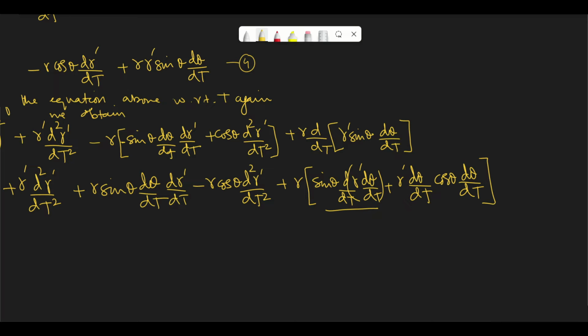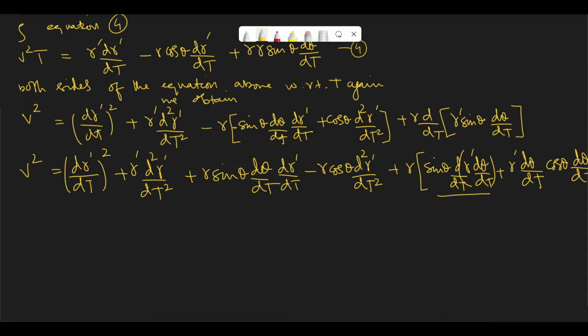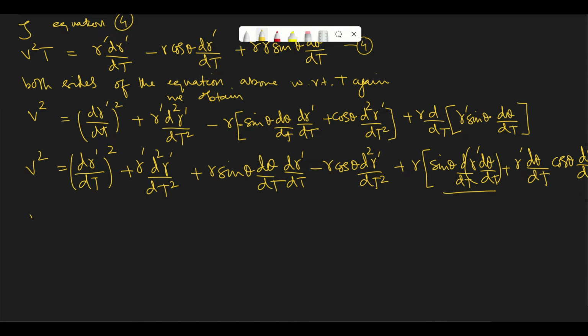This term, when we make b fall on a, will vanish because θ will tend to 0. So we will not consider this term, the underlined one.